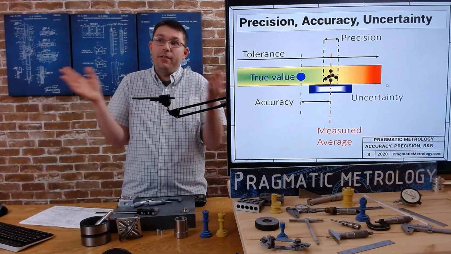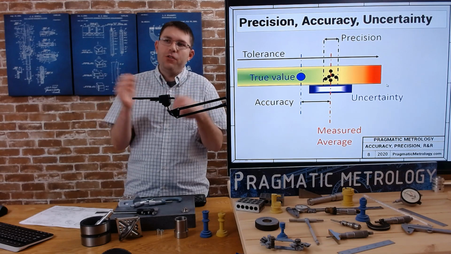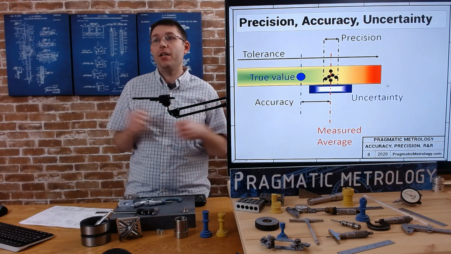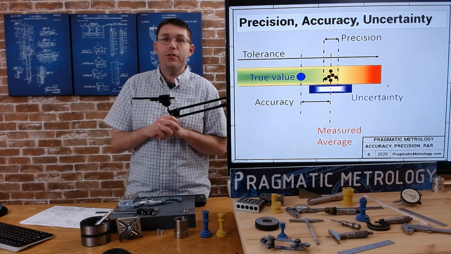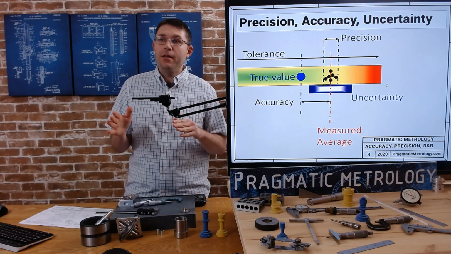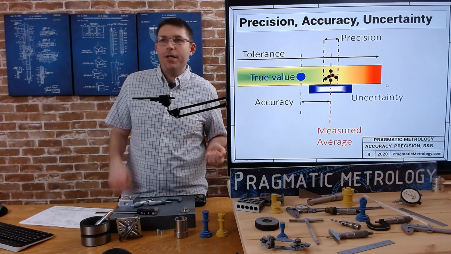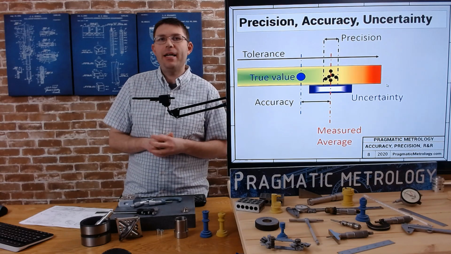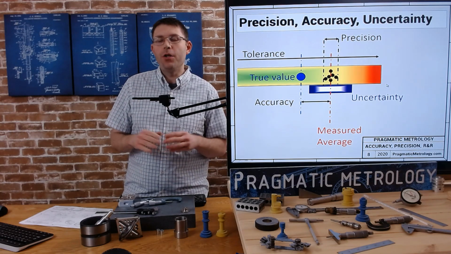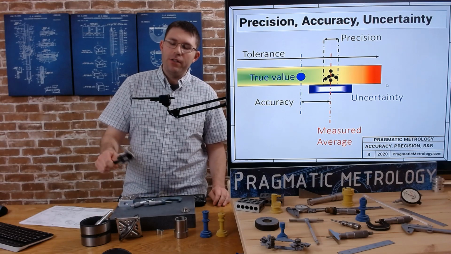If my precision was 3 thousandths, and that is drawn to scale, that could be 5 thousandths of accuracy error. It could also be that this is so zoomed in, it's only a 1/10,000th accuracy error, and maybe 2/10,000ths of precision spread. It depends on how far you're zoomed in, and which gauge you're using.